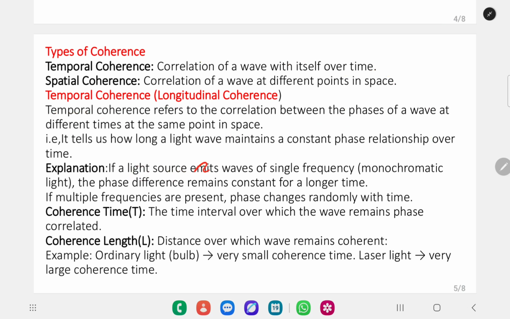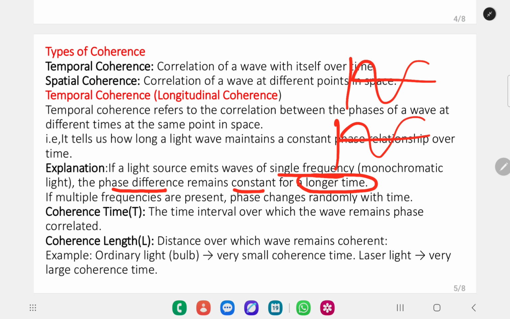If a light source emits waves of a single frequency, that is monochromatic light, then the phase difference should remain constant for a longer time. The phase difference should be zero, or constant, for quite a long time.